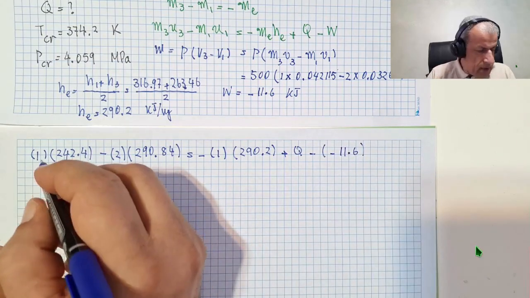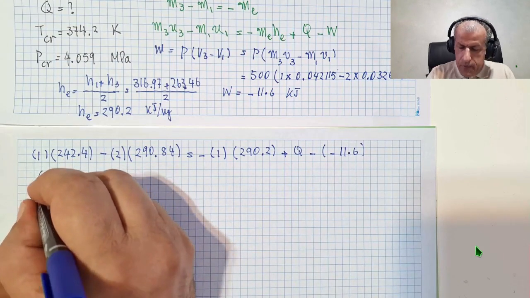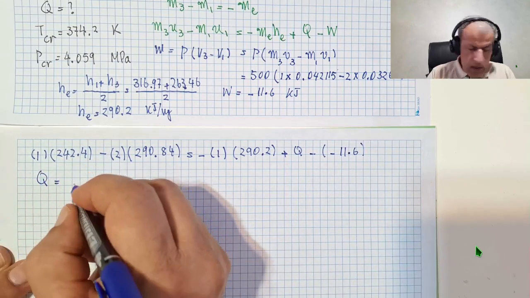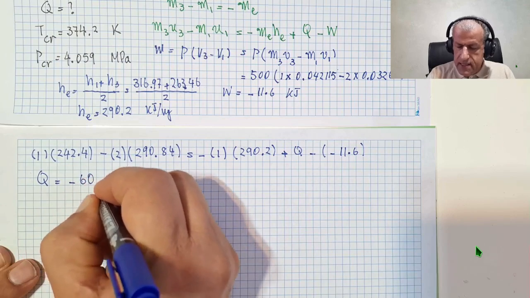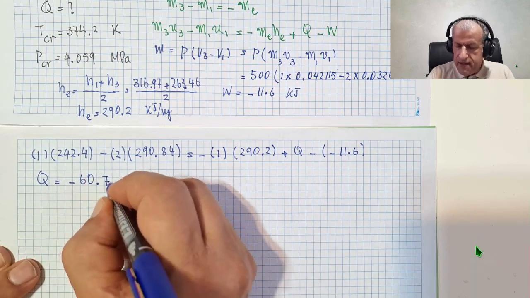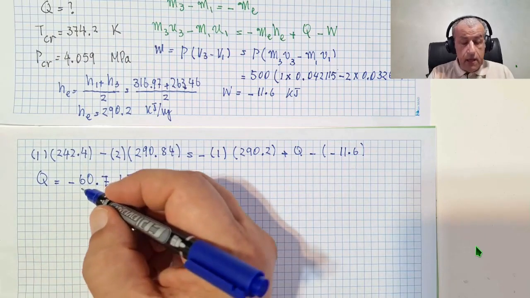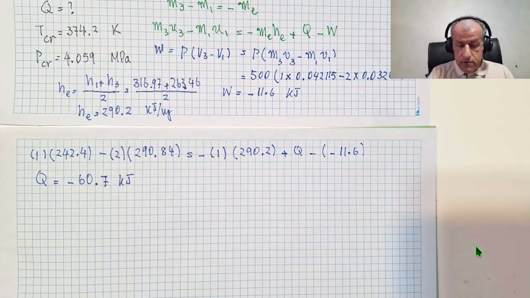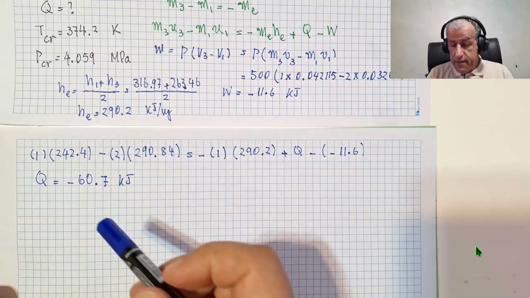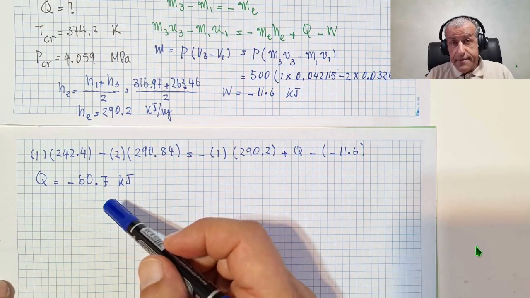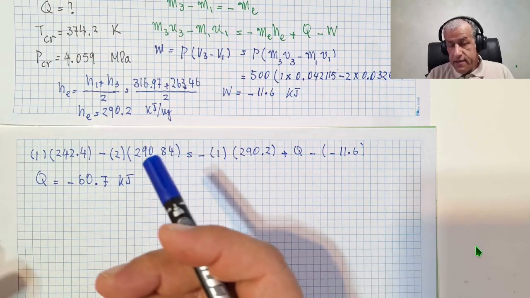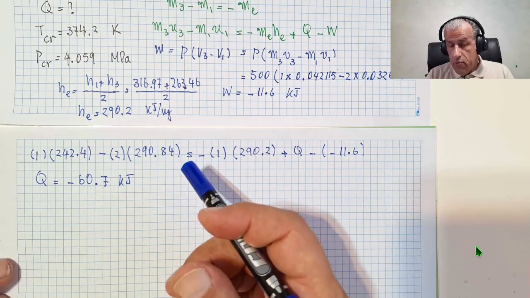And the outcome for Q would be minus 60.7 kilojoules. This is also a negative value, since heat is leaving our control volume.